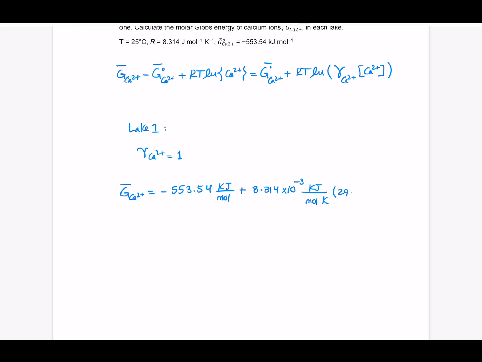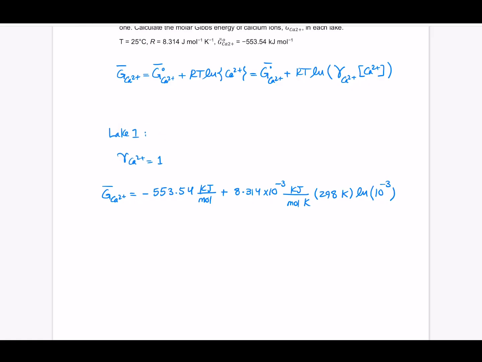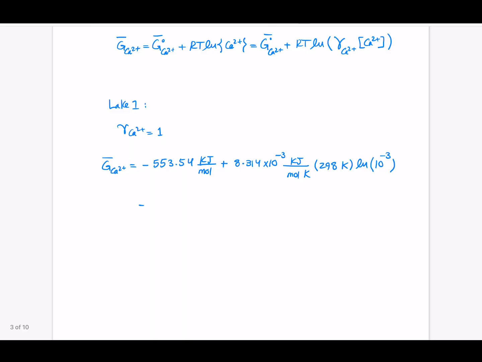So this would be 298 Kelvin times ln of the activity coefficient 1 times the concentration 10 to the minus 3. It's good to check the units to make sure they match. This would be kilojoule per mole, this would be kilojoule per mole Kelvin, but Kelvin will be simplified, and we know ln is unitless. And when we do the calculation, we have minus 570.65 kilojoule per mole.